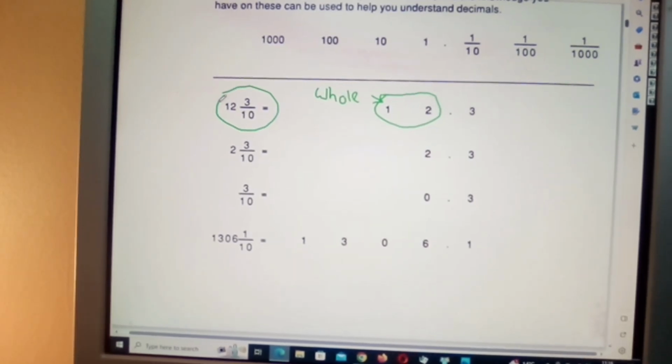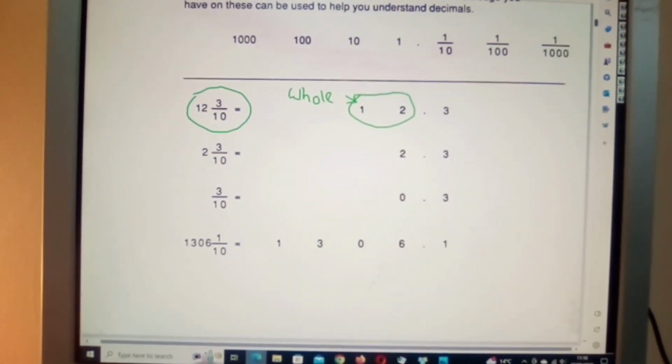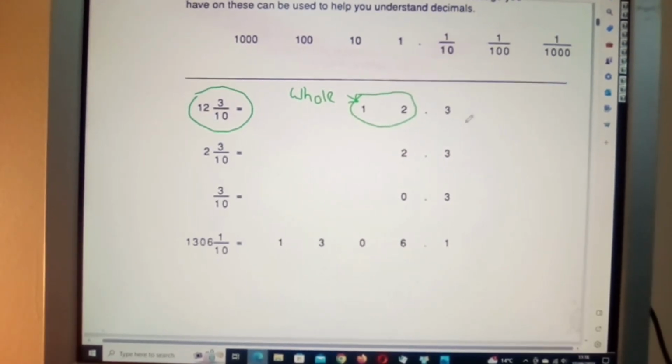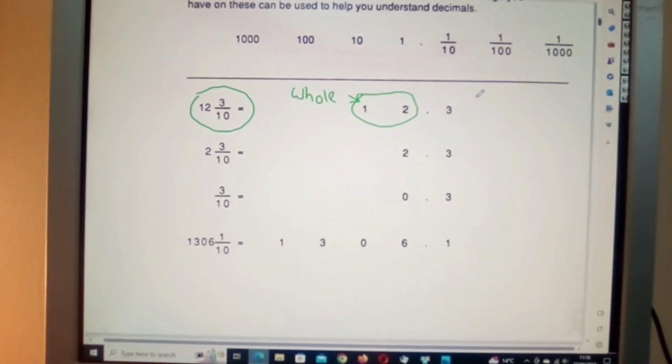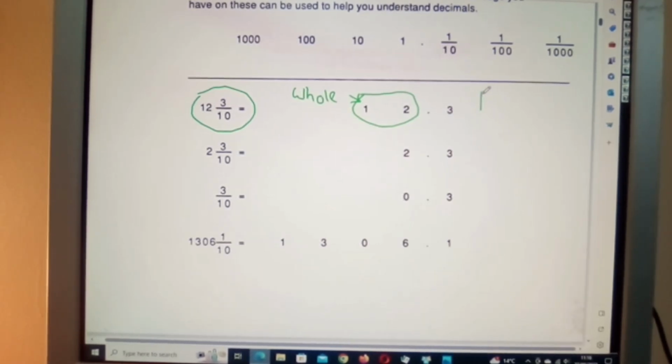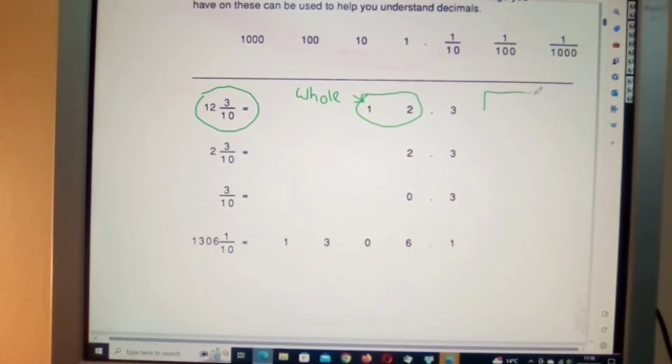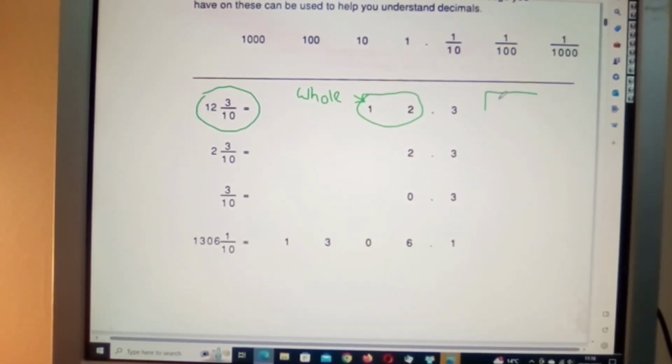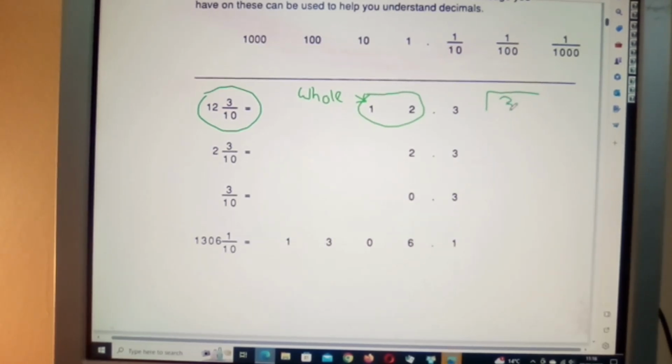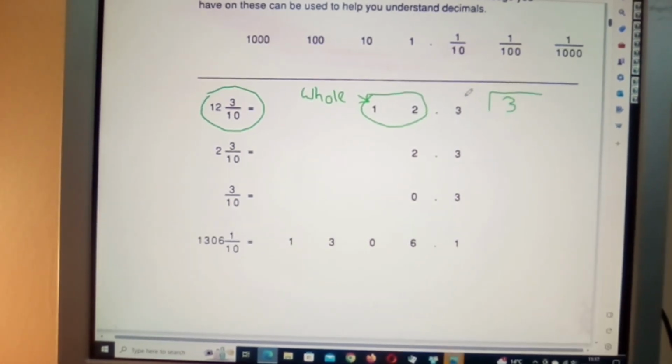And that part, the 3/10, is the decimal part. So when you divide 3 by 10, and that's what we're going to do here, we're going to divide 3 divided by 10.